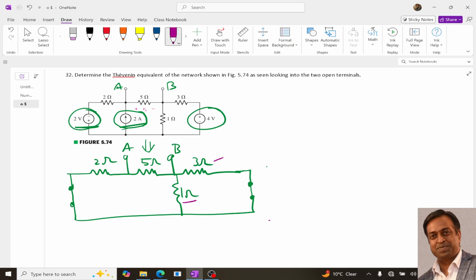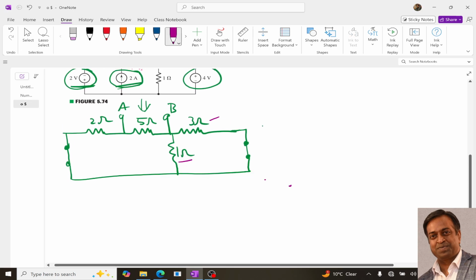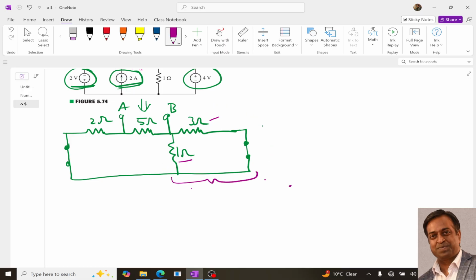So we can determine the equivalent resistance for this 3 ohm and 1 ohm. The equivalent of this, R equivalent 1, is equal to 3 into 1 upon 3 plus 1. So it will be 3 upon 4, 0.75 ohms.